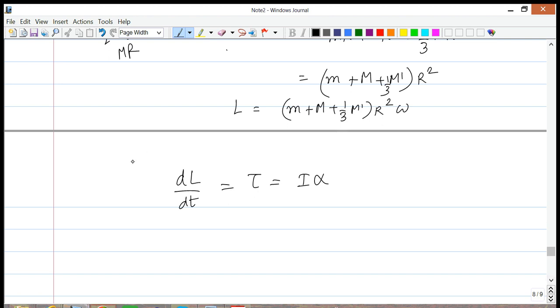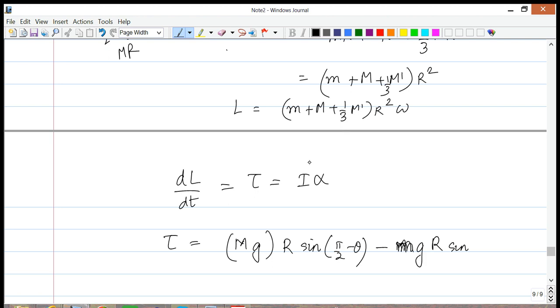So what we know is that the net torque is going to be equal to capital M times g, the weight, times r times sine of pi by 2 minus theta, and then the girl's torque is going to oppose the dad's torque, and that's going to be equal to lowercase m times g times r times sine of pi by 2 minus theta.